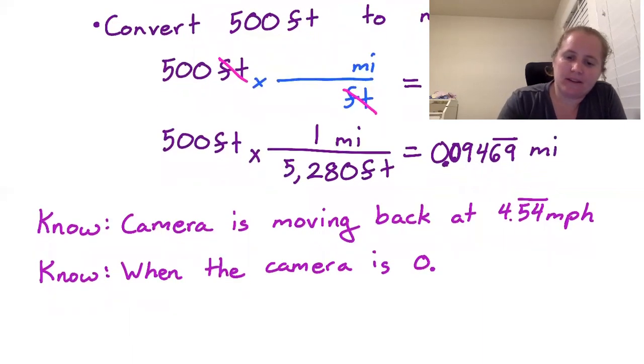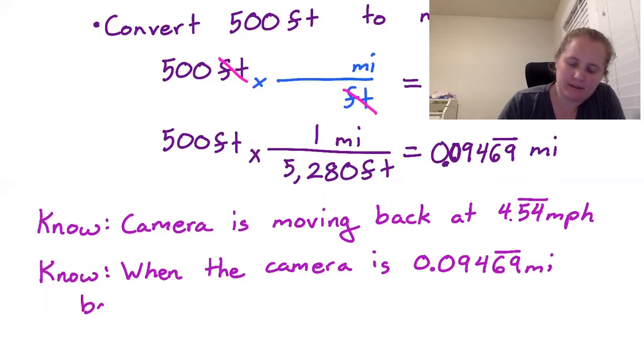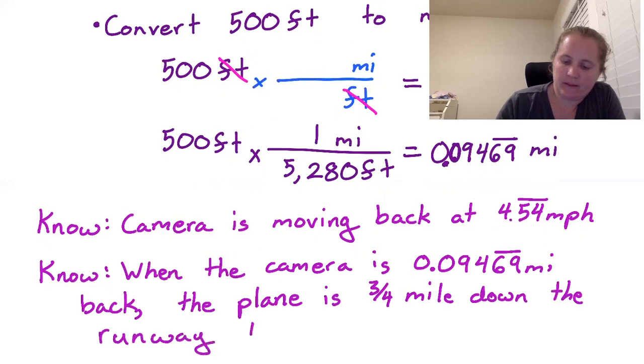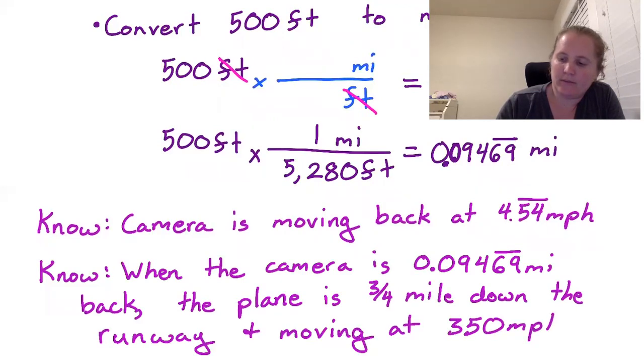So again, when the camera is 0.094 and then 69 repeating miles back, the plane is 3/4 mile down the runway, and moving at 350 miles per hour.